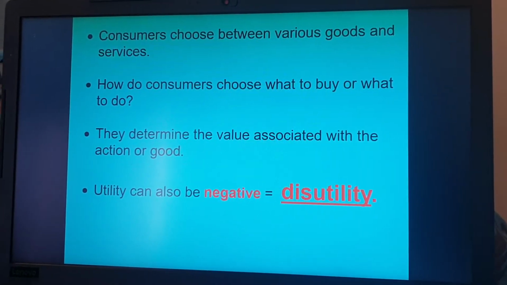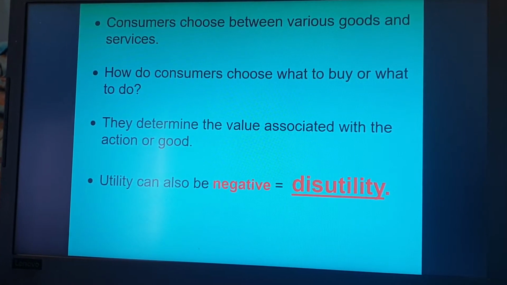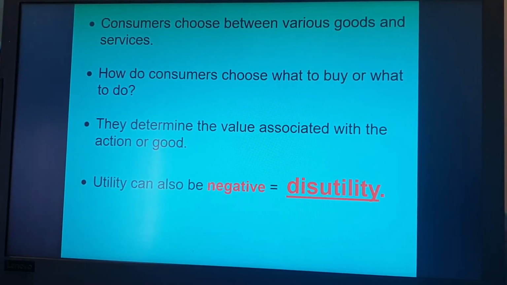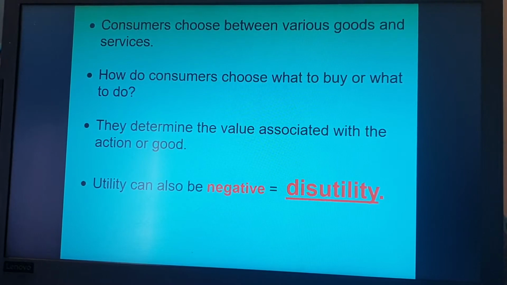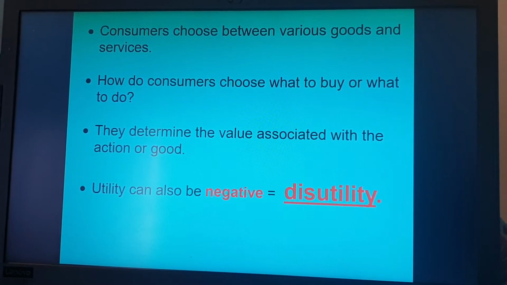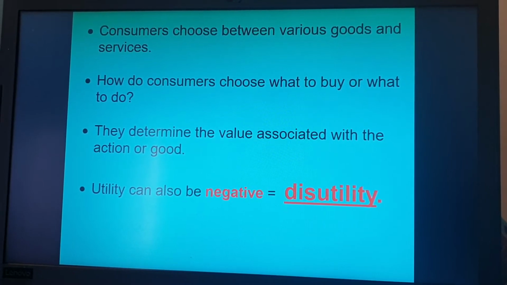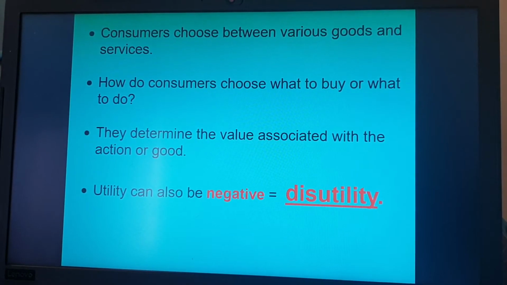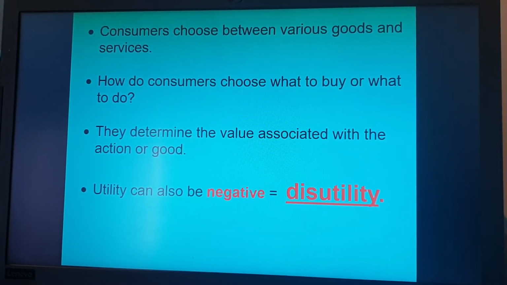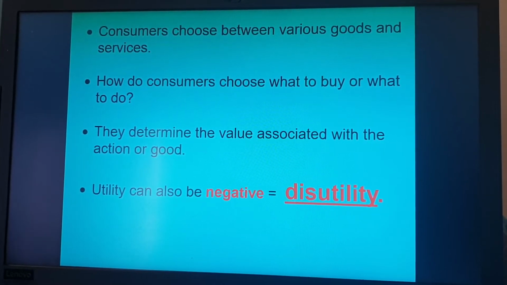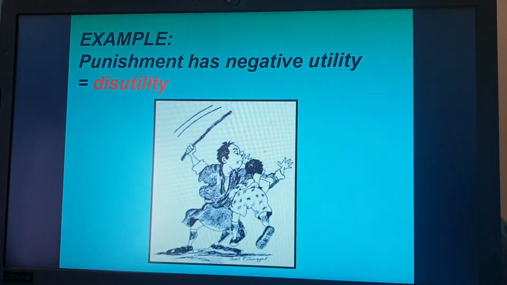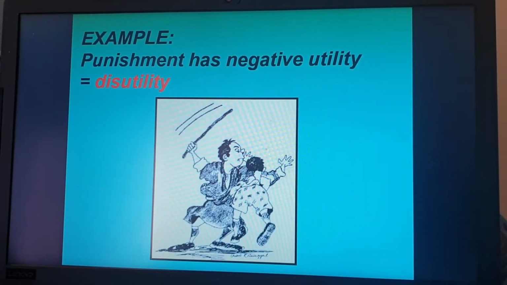Consumers choose between various goods and services. How do consumers choose what to buy or what to do? They determine the value associated with the action or the good. Utility can also be negative. We call it disutility. For example, if you did something your parents said you are not allowed to do, and you get a good old spanking, that is disutility.